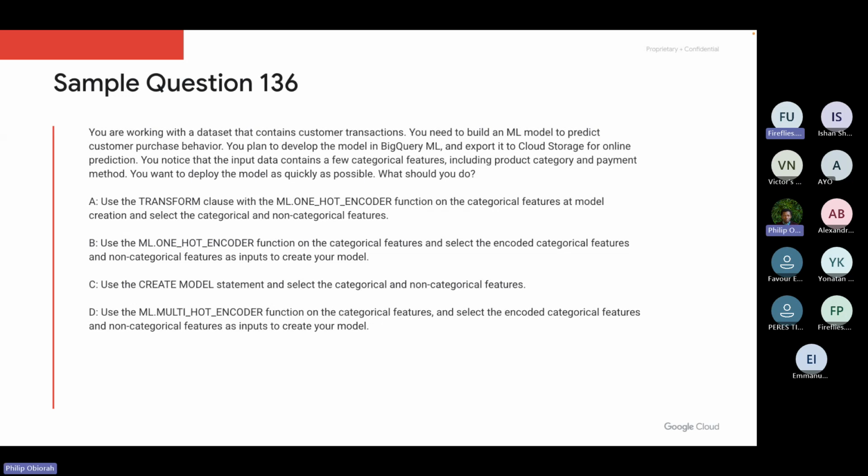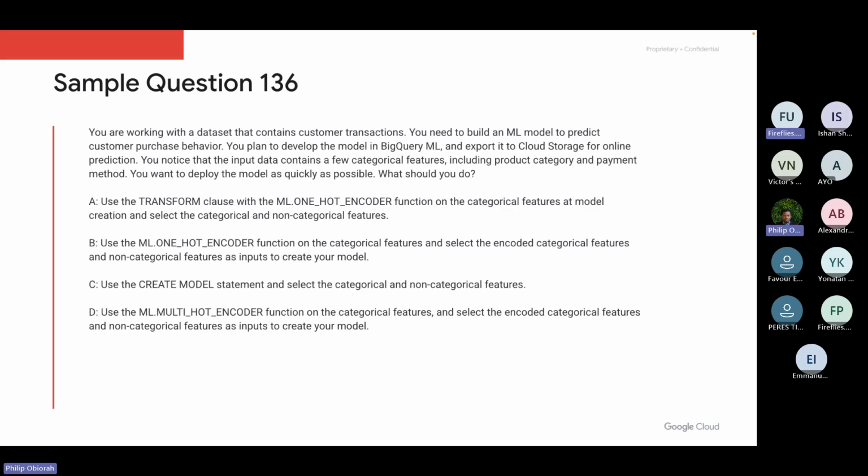If you use the ML.ONE_HOT_ENCODER function on categorical features, the model will expect pre-processed inputs like vectors of zeros and ones. So when you deploy this for online prediction, the application must replicate the exact SQL logic to convert, say, credit card information before calling the model. This is complex and prone to skew. So B will be very prone to skew.